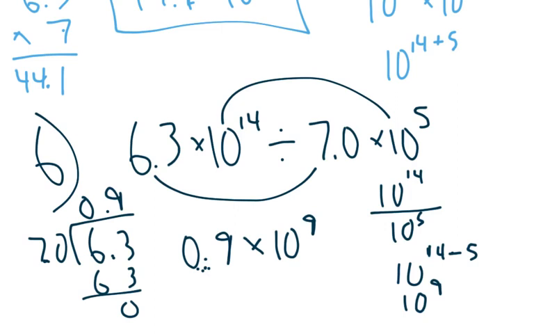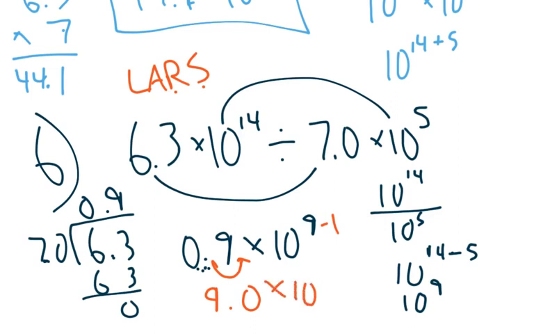Can't do this. We have to use Lars one final time. And so we're going to be going to the right. So that means we're going to subtract an exponent. So move over 1 to the right, subtract 1, 9.0 times 10 to the 8th. And that is our final answer.